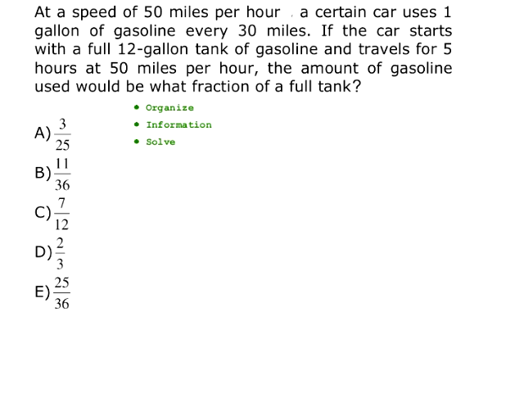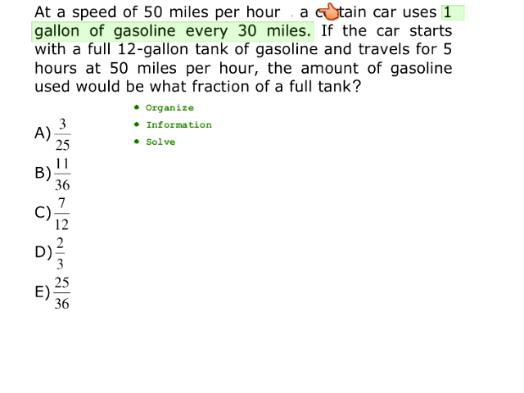So again, organizing doesn't have to mean a chart. And in the case of a problem like this, it probably shouldn't, because this is really just a chain of steps that you use to get from the beginning of the problem to the end. So let's just look at what we have. So notice this first statement. The first statement is a statement about how much gasoline the car uses.